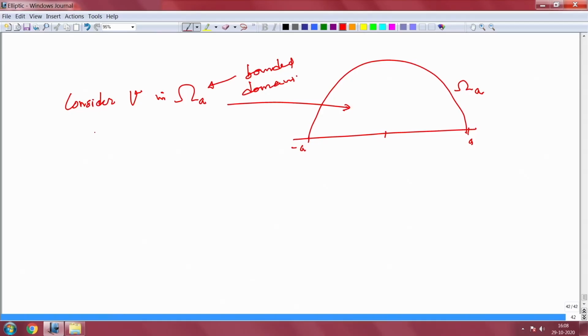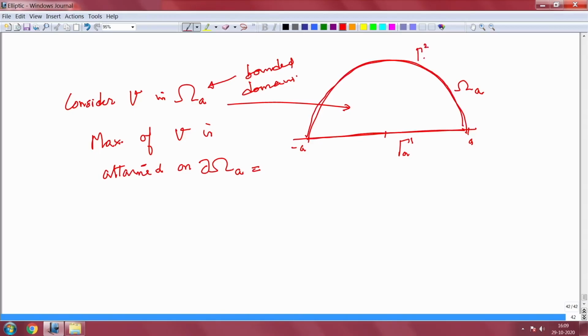Therefore, by our earlier maximum principle, the maximum of V is attained on the boundary of omega A. But the boundary of omega A has two parts, gamma 1A and gamma 2A.